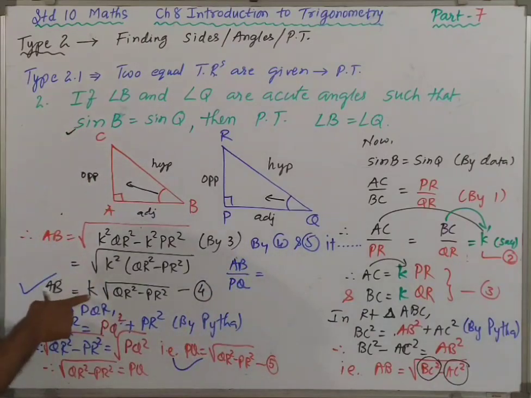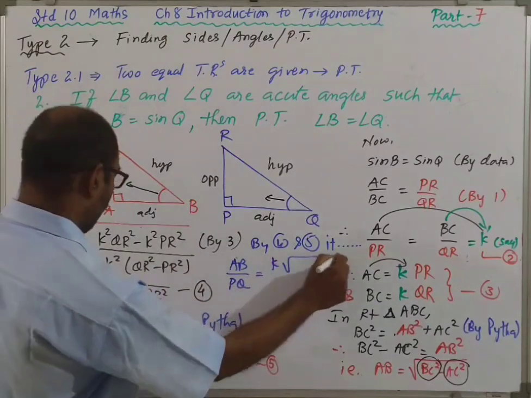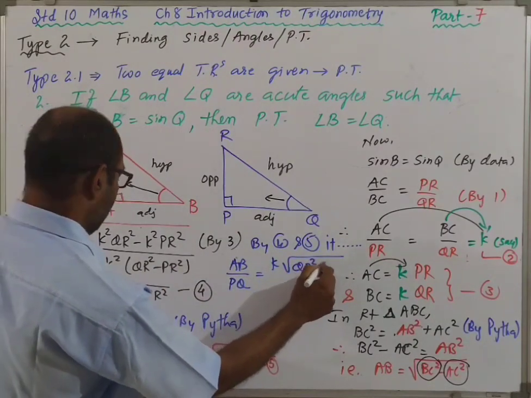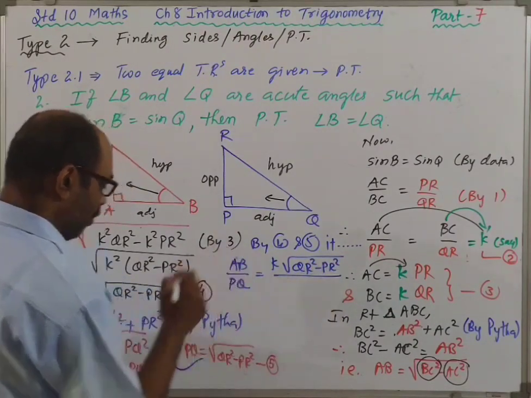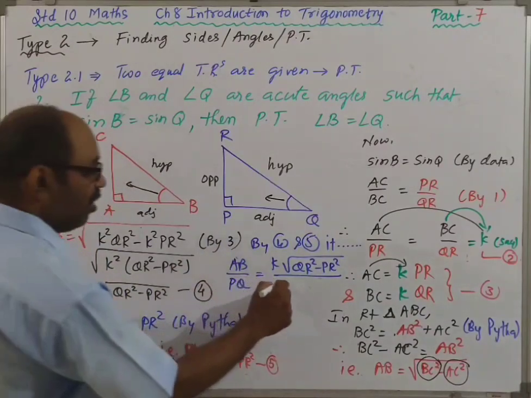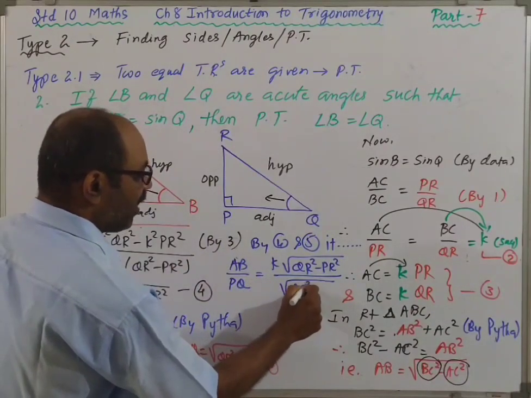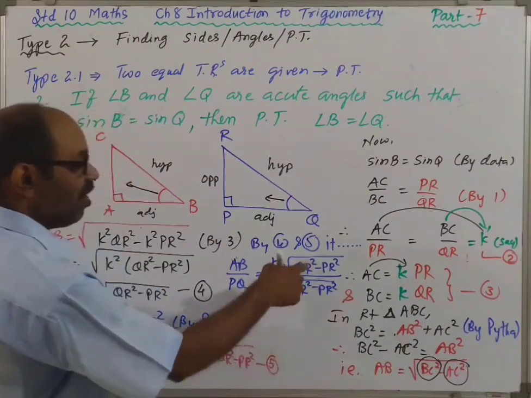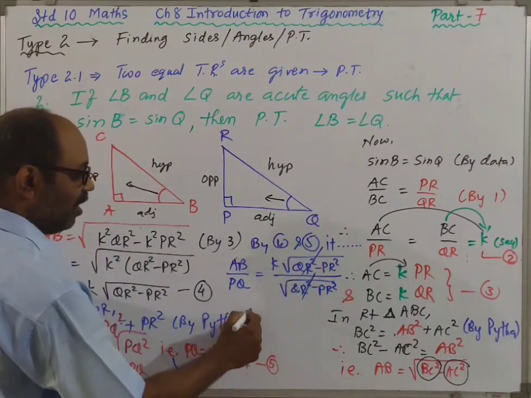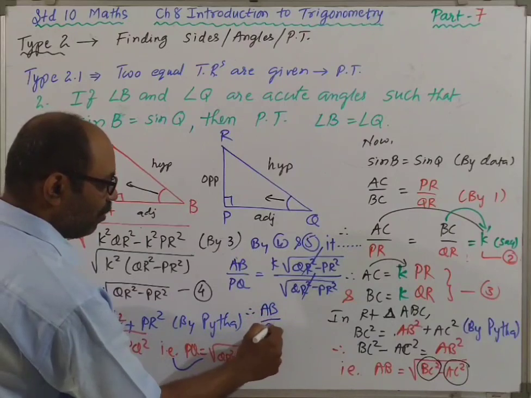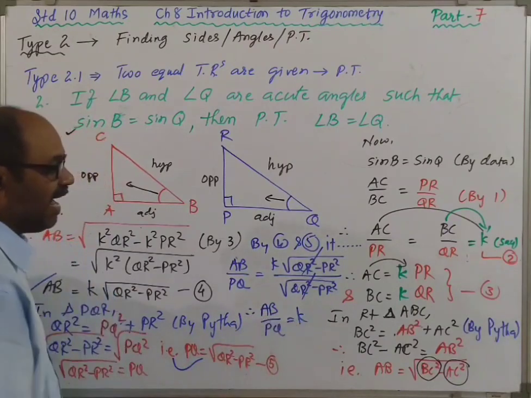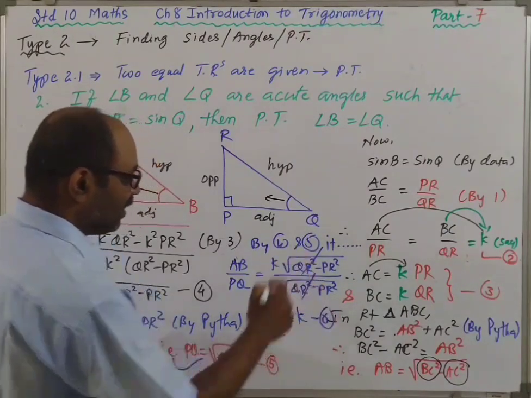Now what is AB? K into root QR square minus PR square upon. What is PQ? Root QR square minus PR square. Arey wah, wonderful, this is the same. Therefore, AB upon PQ is equal to K. Call it result number 6.